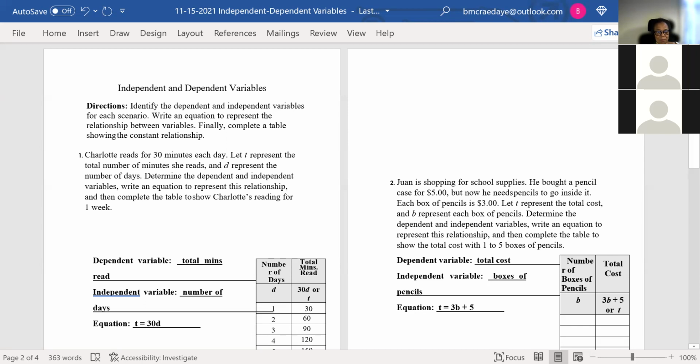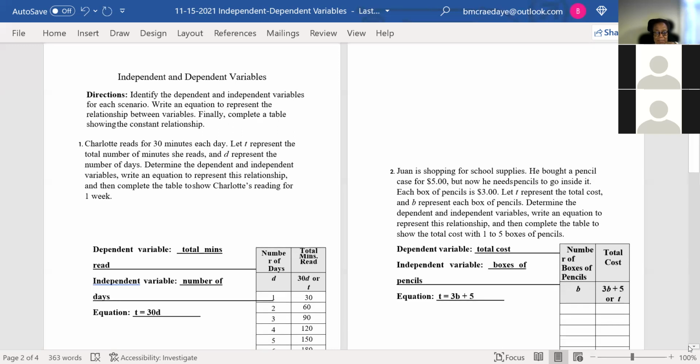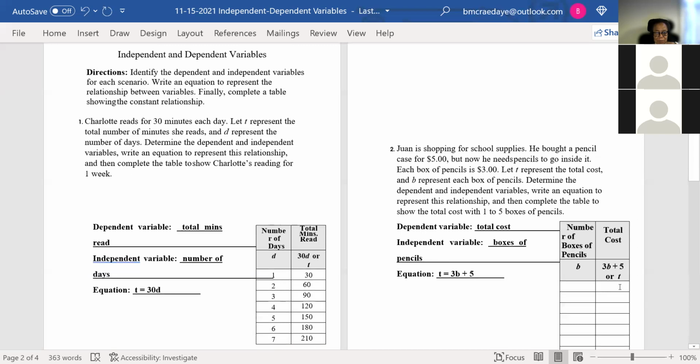So the total cost is the dependent variable, and it's dependent upon the independent variable, the boxes of pencils. Now, let's fill in our table. When there's one box of pencils, what is the total cost?